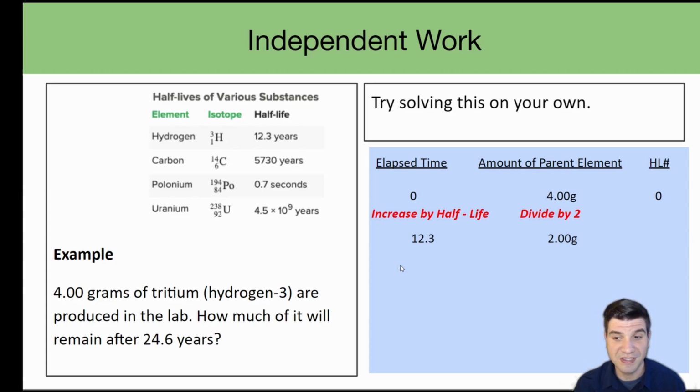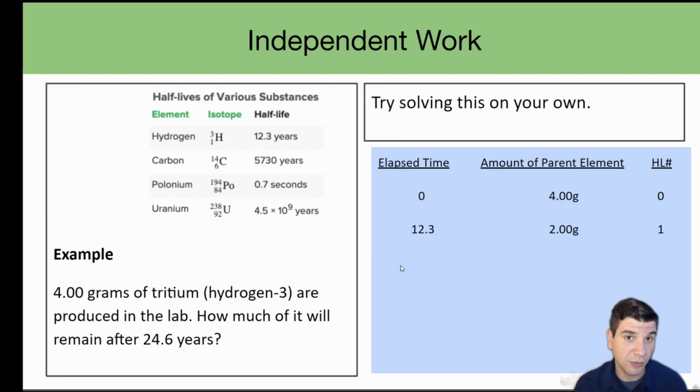So 4.00 divided by 2 is 2.00. And then the half-life, we're going to increment that up by 1. So after 1 half-life, 12.3 years have elapsed, and the amount of the parent element went from 4.00 grams down to 2.00 grams.